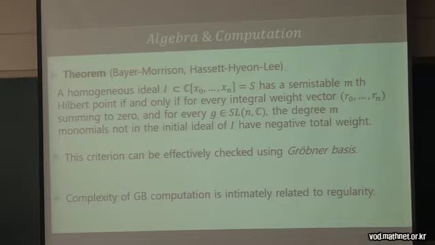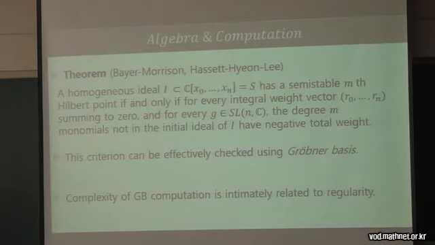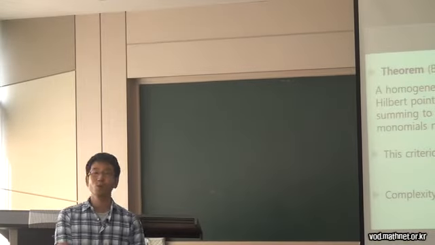So what do you do? You take any monomial order, you compute the Gröbner basis, then you get the initial ideal, and you get the monomials not in the initial ideal. Since you have this weight vector, you can easily compute the total weight. Okay. So if you just compute that, and if it's negative, then it is semi-stable in that coordinate.